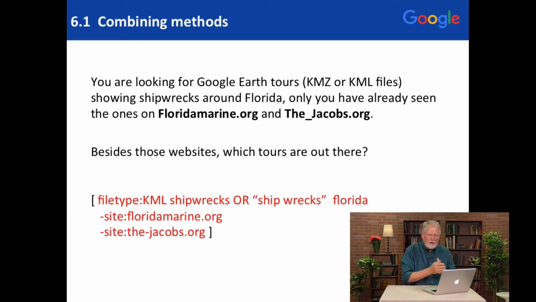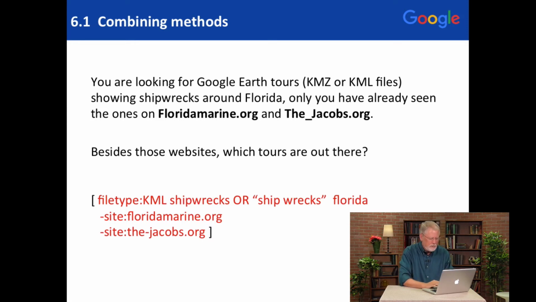So here in this modified query, I'm just going to search for KML files, shipwrecks or shipwrecks as a phrase, Florida, and I'm going to remove by using this minus site operator. Remember the site operator and the minus operator? Minus site says, don't give me any results from floridamarine.org or from the jacobs.org. So now out of all the World Wide Web, give me all these results for shipwrecks, filetype KML, but not these two sites.